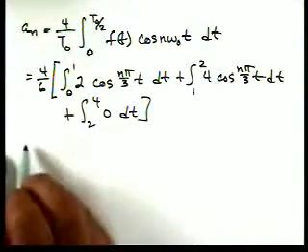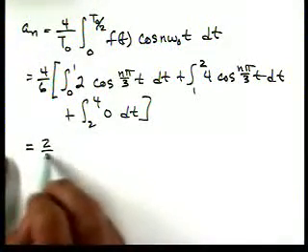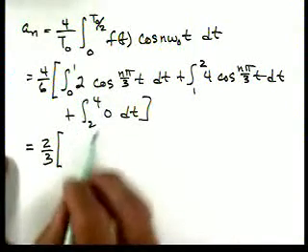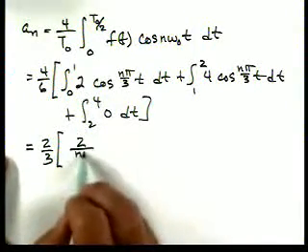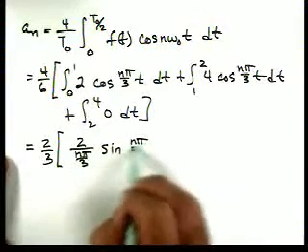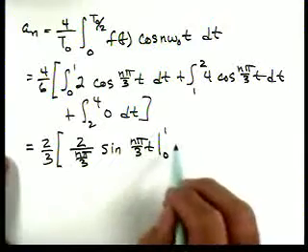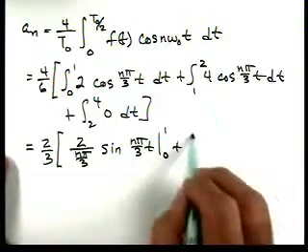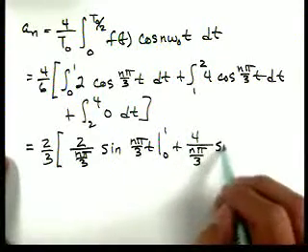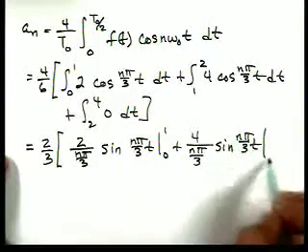Let's begin the integration so we can reduce our 4/6 to 2/3. Integrating, we get 2 over (n pi over 3) times sine of n pi over 3 t, evaluated from 0 to 1. For the second term, we get 4 divided by (n pi over 3) times the sine of n pi over 3 t, evaluated from 1 to 2.